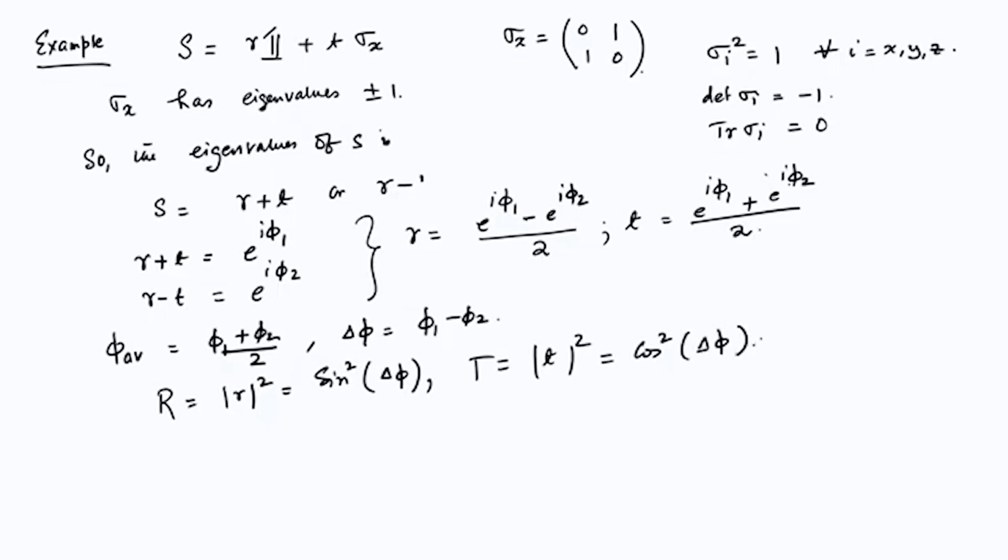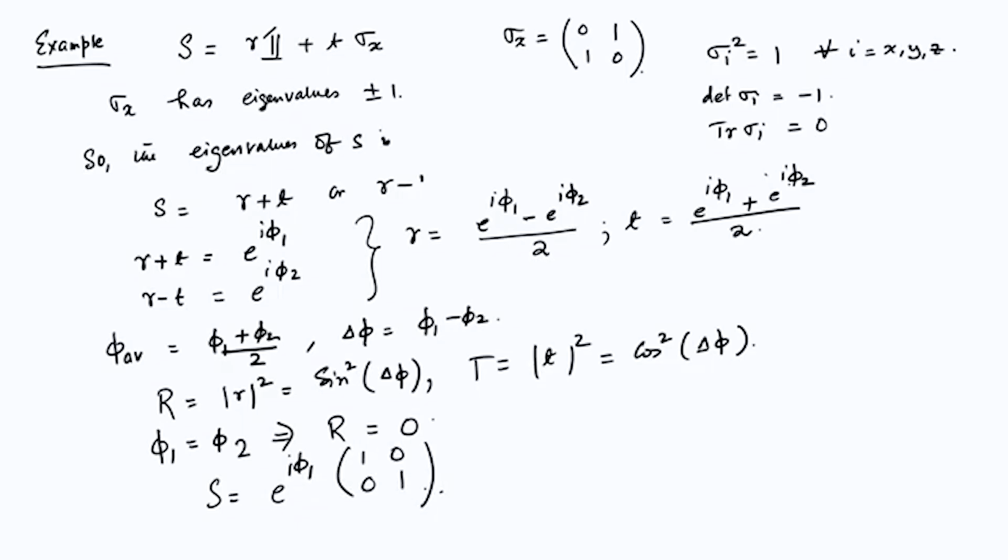Okay, and to see how this makes sense, if you take phi 1 equal to phi 2, it means of course that sine square delta phi is zero, so there is no reflection. So R is equal to 0, and the S matrix will take a form which is exponential i phi 1 times the matrix 1 0 0 1, and so on and so forth.